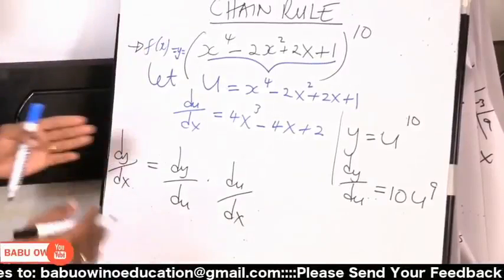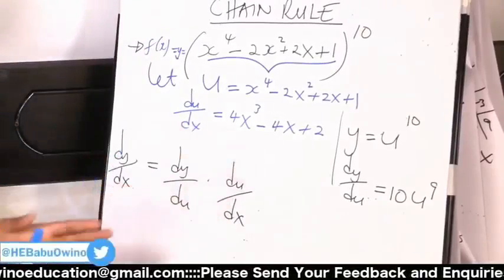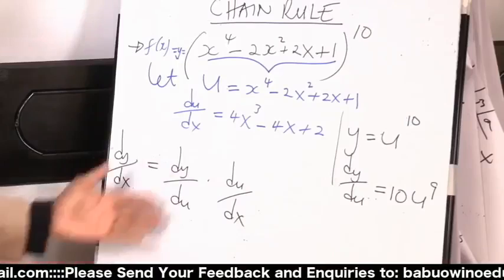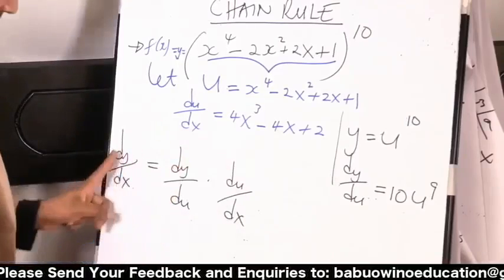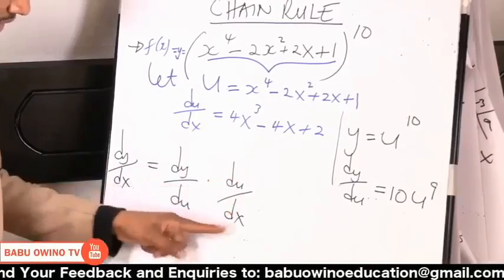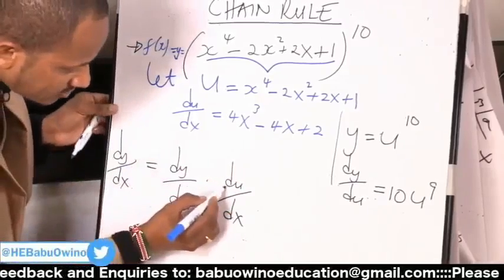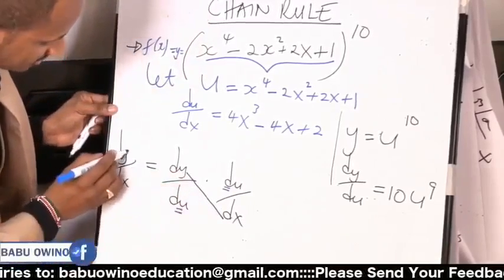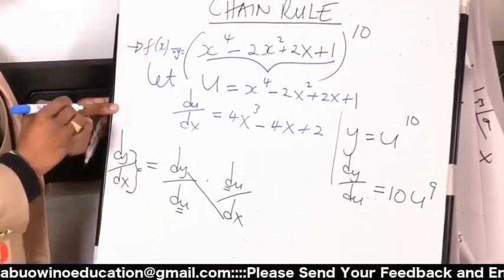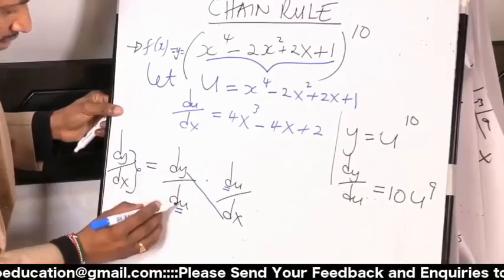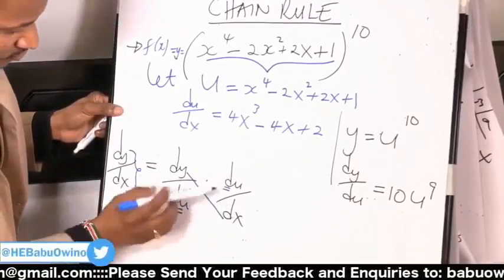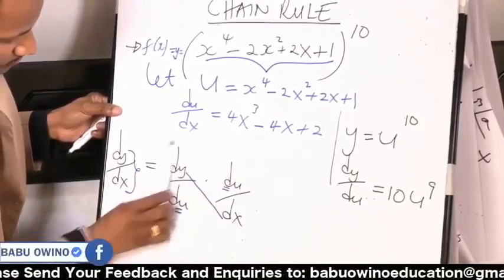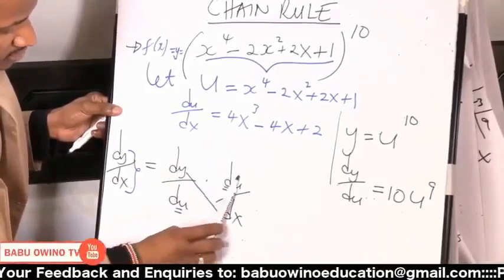This is just playing around with these differentials, with these letters. dy dx equals dy du times du dx, such that you can easily cancel du and du, so that you remain with dy dx. So writing dy dx in this form is just the same as writing dy du times du dx.